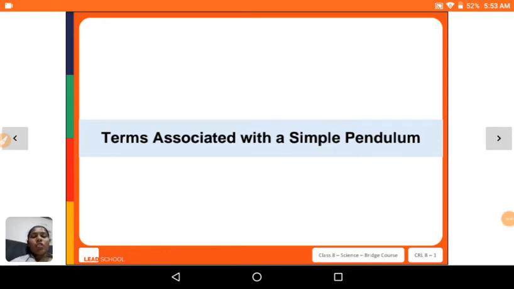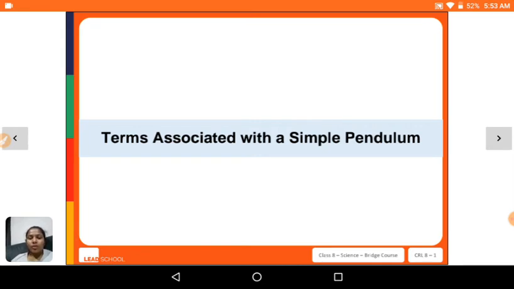We have seen two motions, periodic motion and oscillatory motion. What is the difference? I said that a pendulum has both periodic motion and oscillatory motion. So what is periodic motion, and what is oscillatory motion?